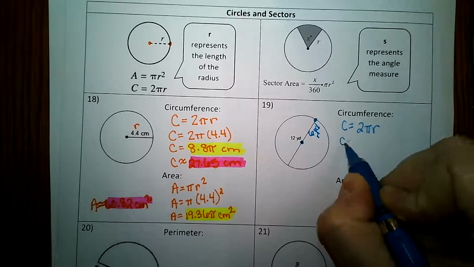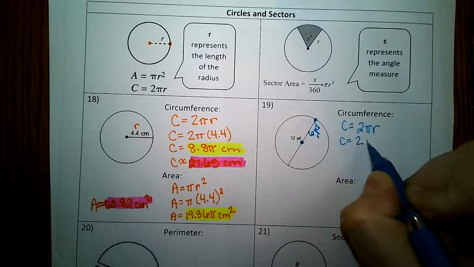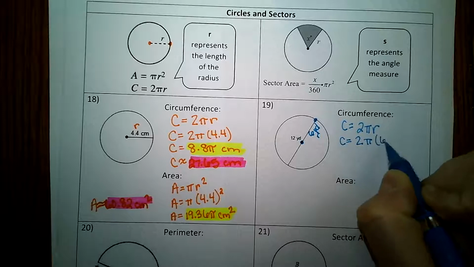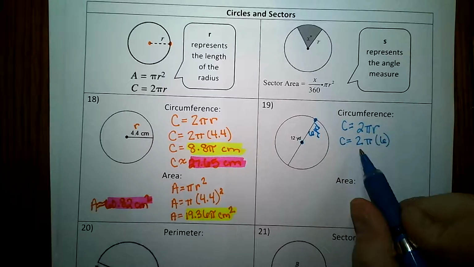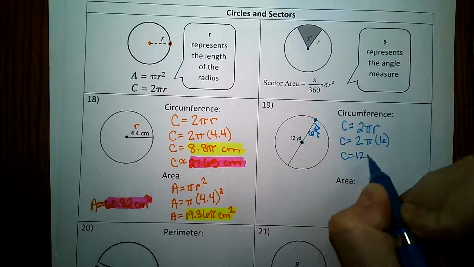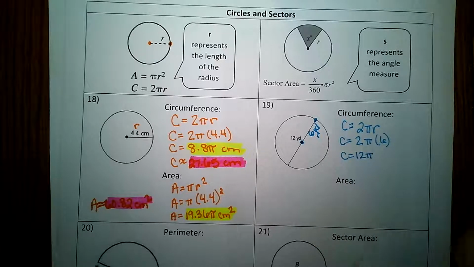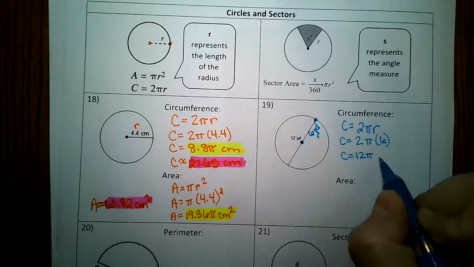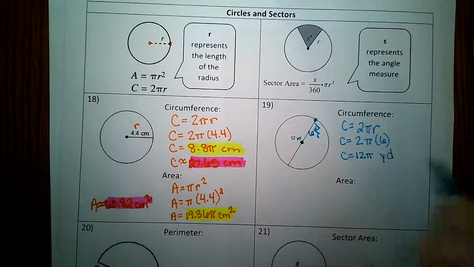So when I plug that into the circumference formula, it would be 2 times pi times 6. All right, well, if I do 2 times 6, I'm back to 12. 12 pi. That is my exact circumference, 12 pi yards.